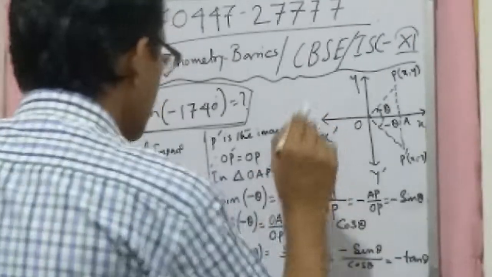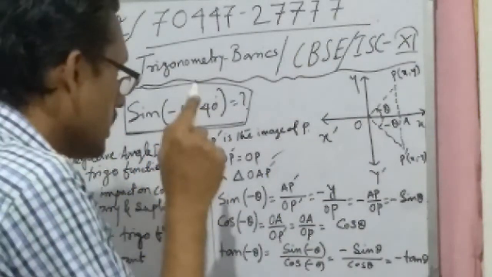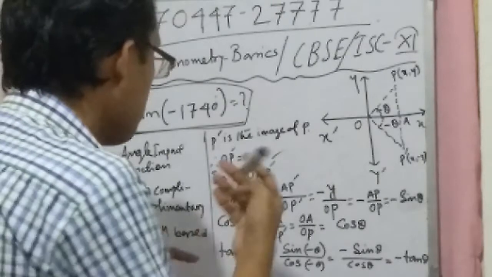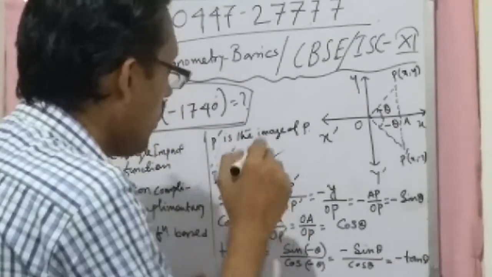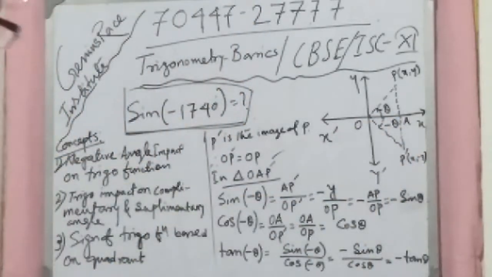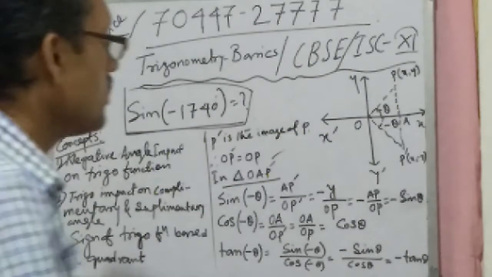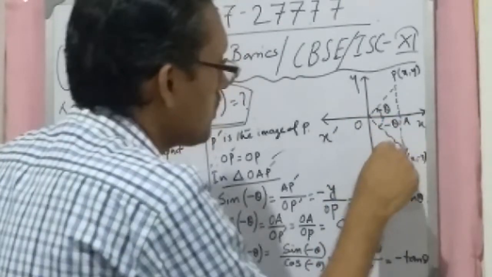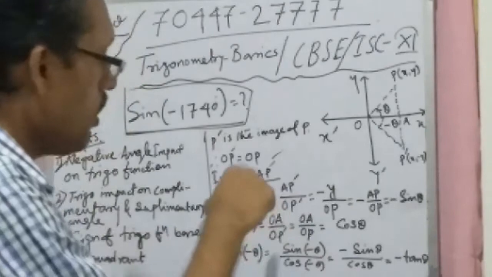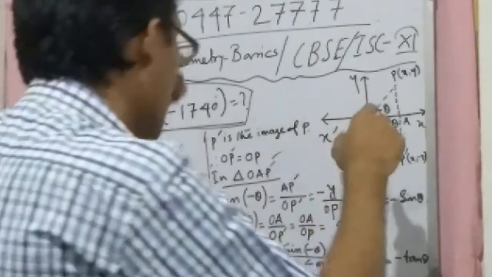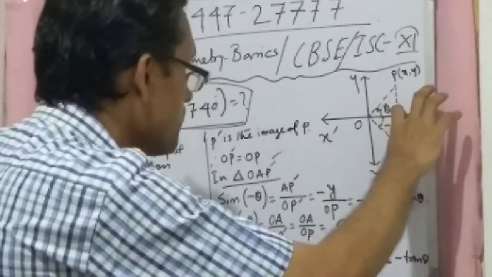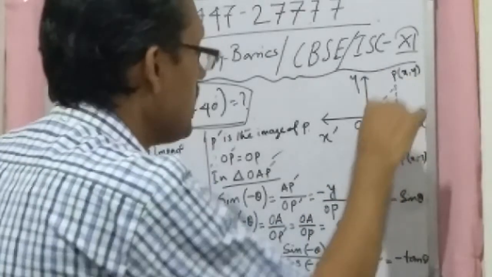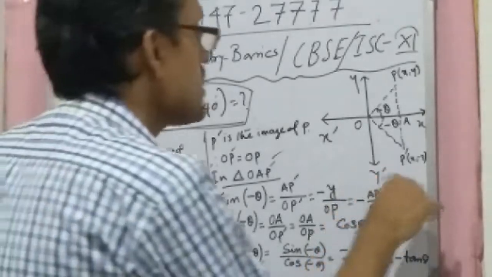Now in triangle OAP dash, like this triangle, sine of minus theta will be equal to this, because this is the angle, this is the hypotenuse and this is the base, therefore this is the perpendicular, so it will be AP dash by OP dash, that is minus y divided by OP, equals minus AP by OP, that is equal to minus sine theta.